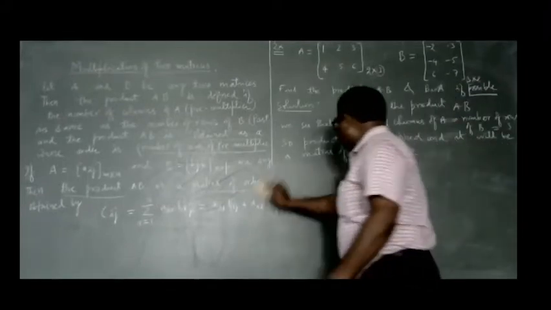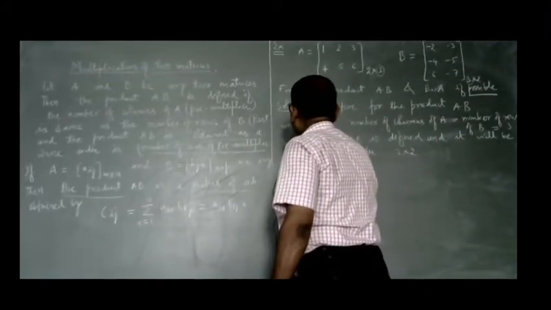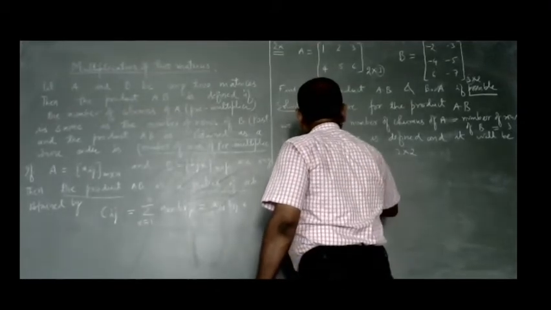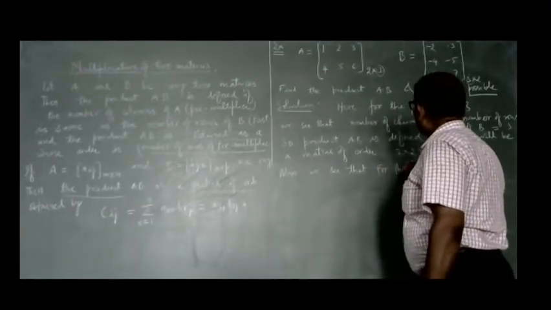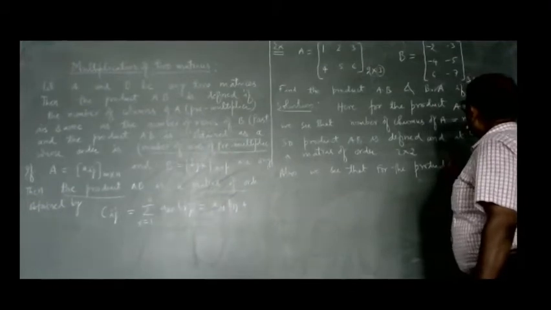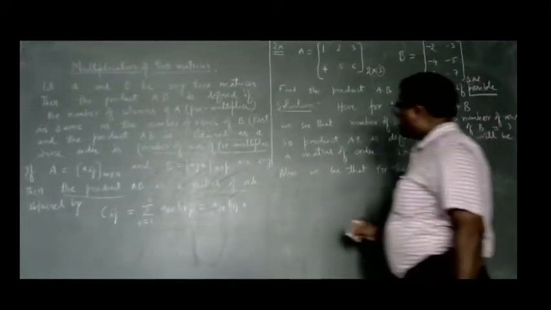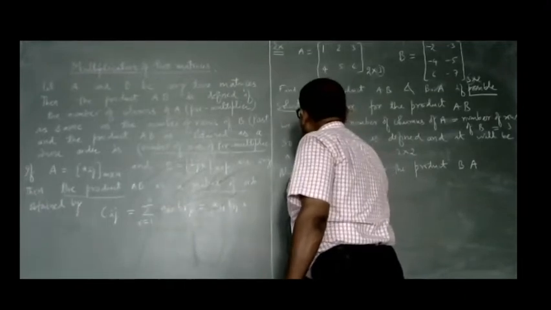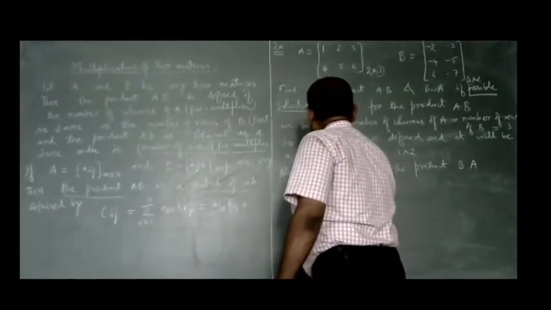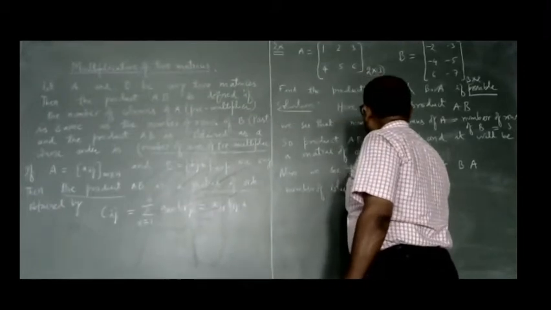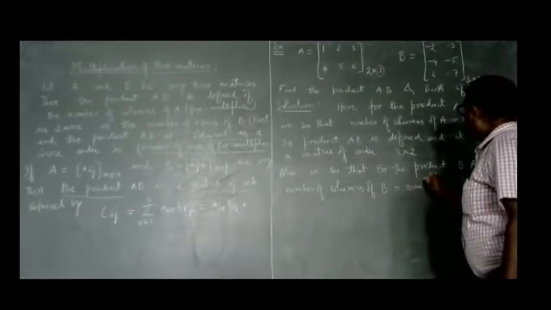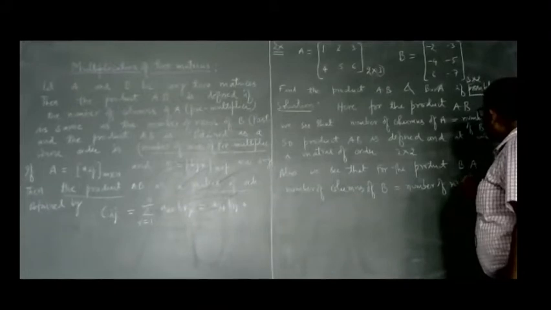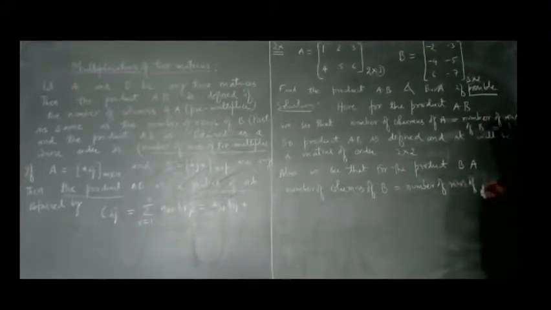In a similar way, we see that for the product B into A, the number of columns of pre multiplier B is equal to the number of rows of post multiplier A, which is equal to 3.